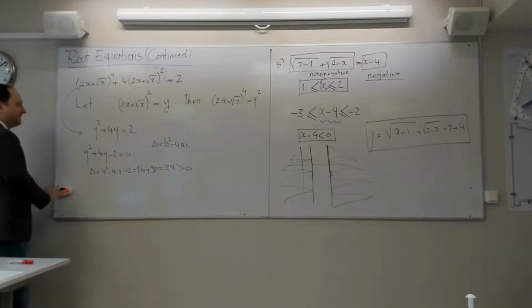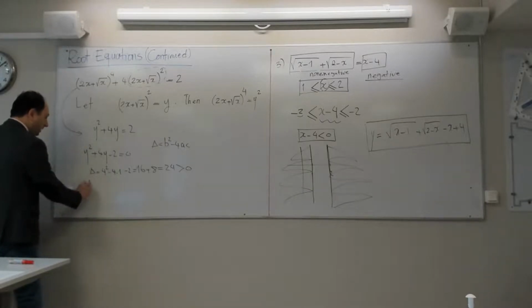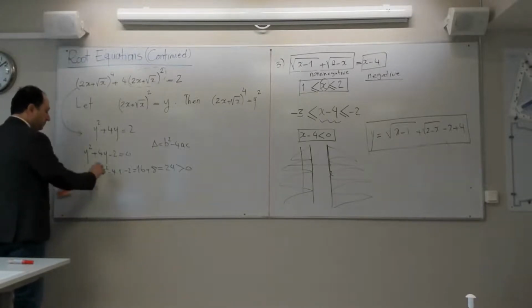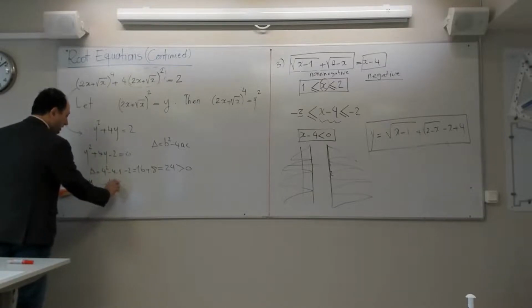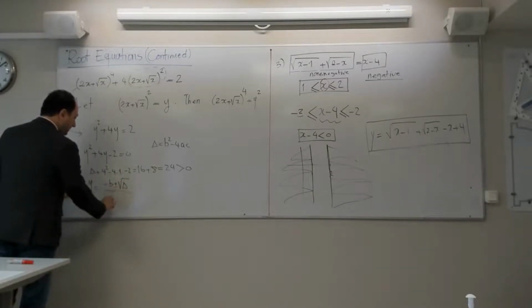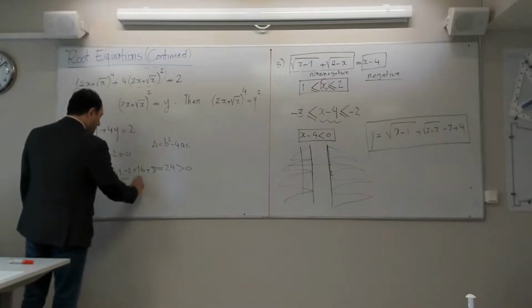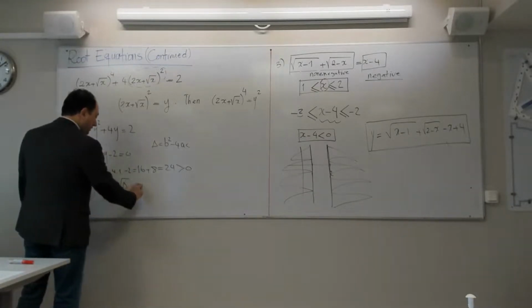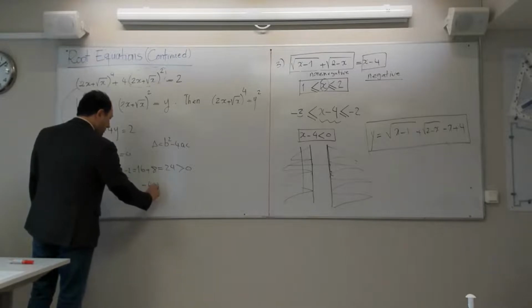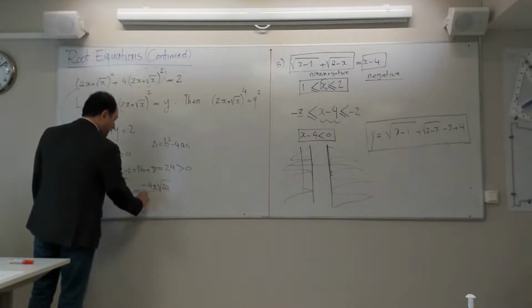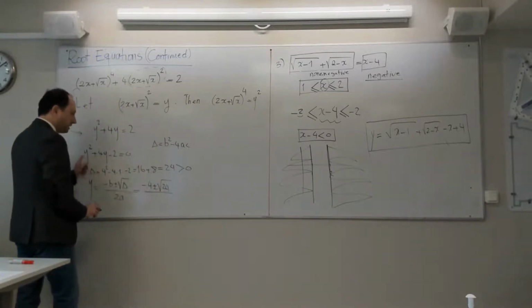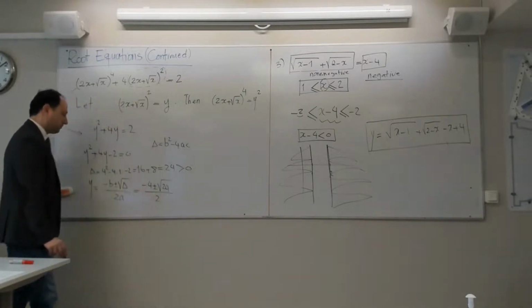Okay, anyway. But y becomes equal to minus b plus or minus the square root of delta divided by 2 times a. And this becomes minus 4, plus or minus the square root of 24 divided by 2 times a. But a is 1, so it becomes 2.